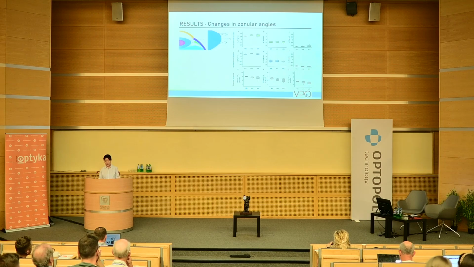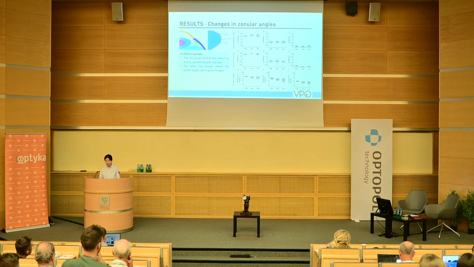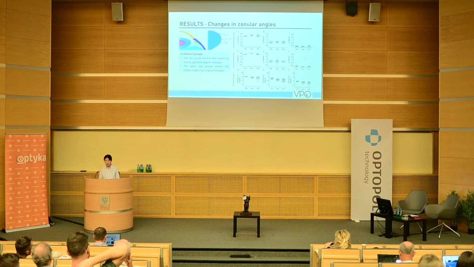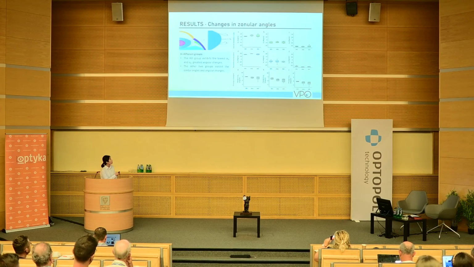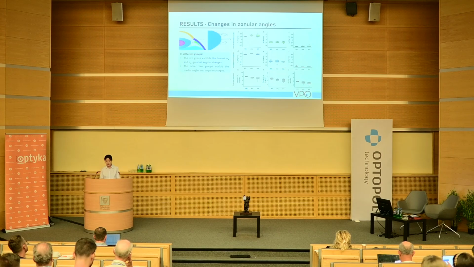When we investigated the zonular angles, we discovered that one group had the lowest anterior and equatorial zonular angles and the greatest angular change, and the other two groups with similar lens geometry exhibited similar angles and angular changes.